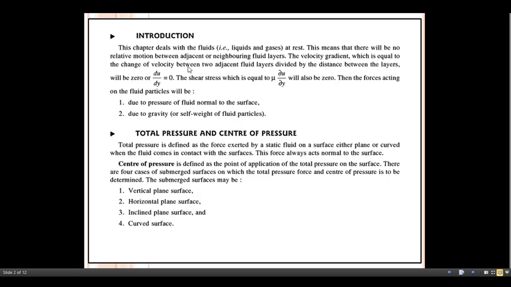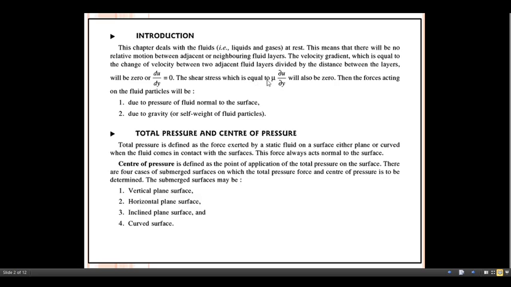Before that, it is very important to know that right now we're studying fluid statics. This chapter deals with fluids at rest. This means that there will be no relative motion between adjacent and neighboring fluid layers. The velocity gradient, which is equal to the change of velocity between the two adjacent fluid layers divided by the distance between the layers, will be 0, or du by dy equals 0.